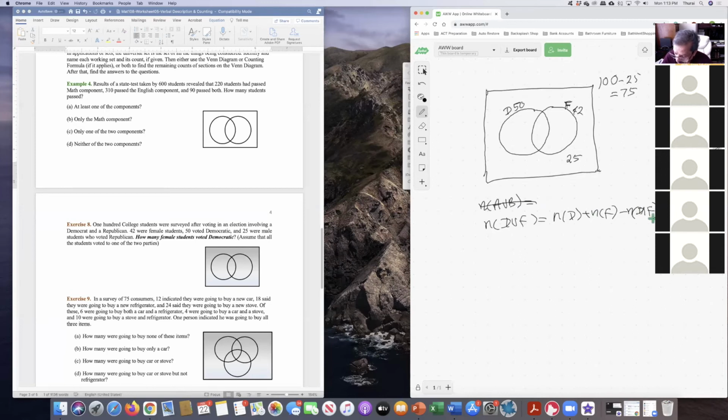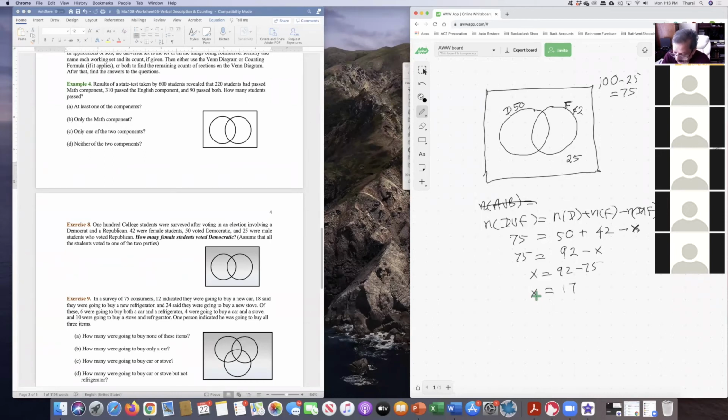If I apply this rule, I know the union has 75 elements and D has 50, F has 42. So I can figure out the intersection from this. Call the intersection X, then 75 equals 92 minus X. So X is equal to 92 minus 75, which is 17. So the intersection has 17.